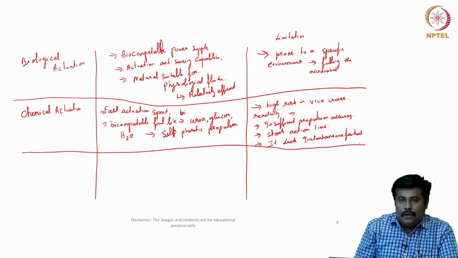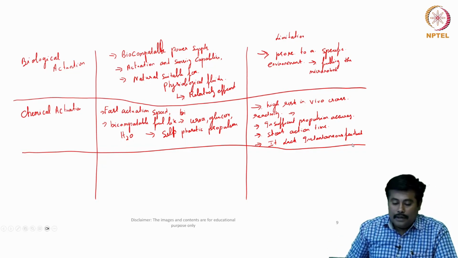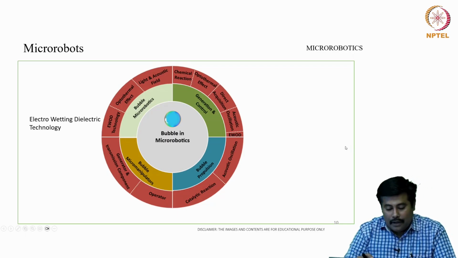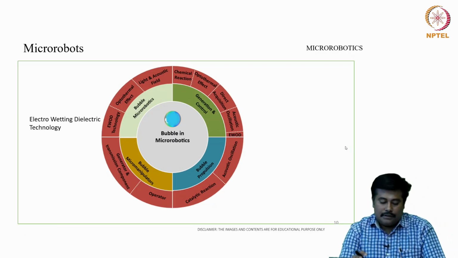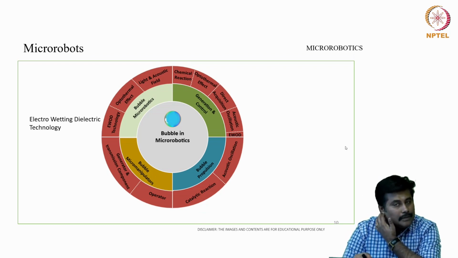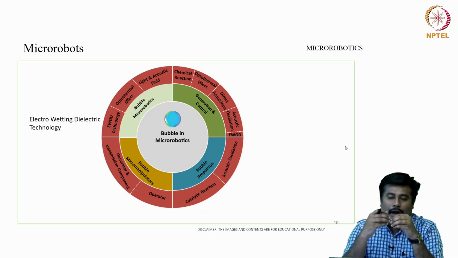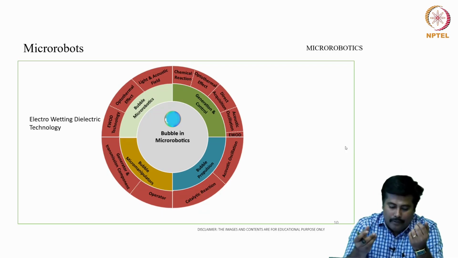Let us discuss the acoustic point of view, and in more detail the acoustic system. Let us see some of the different configurations of these acoustic systems. Acoustic based manipulation, as the name suggests, is ideally because of a kind of bubble formation.